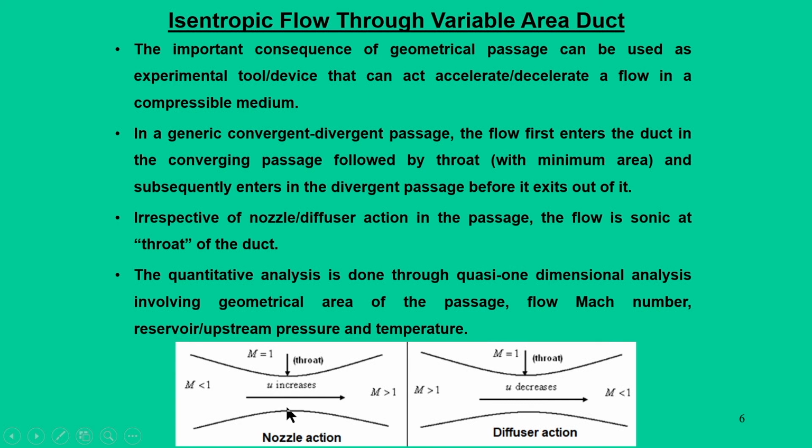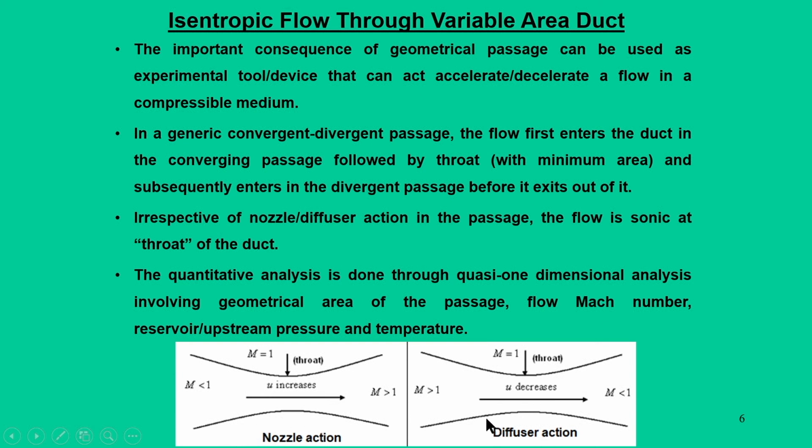And at this location, the flow again sees a diverging passage, so it further expands. That means in a continuous converging diverging passage the flow velocity continuously increases at the cost of a decrease in pressure. Since the velocity is continuously increasing, we call this nozzle action. So, this acts as a nozzle.